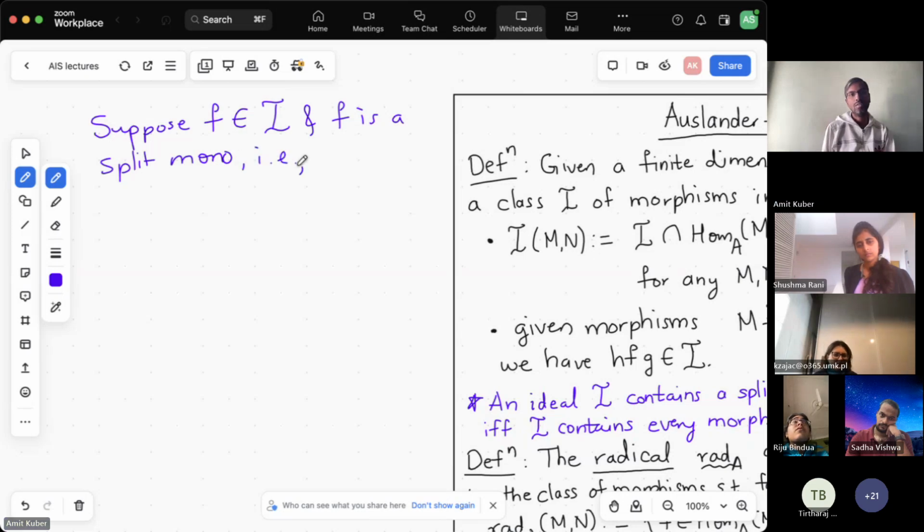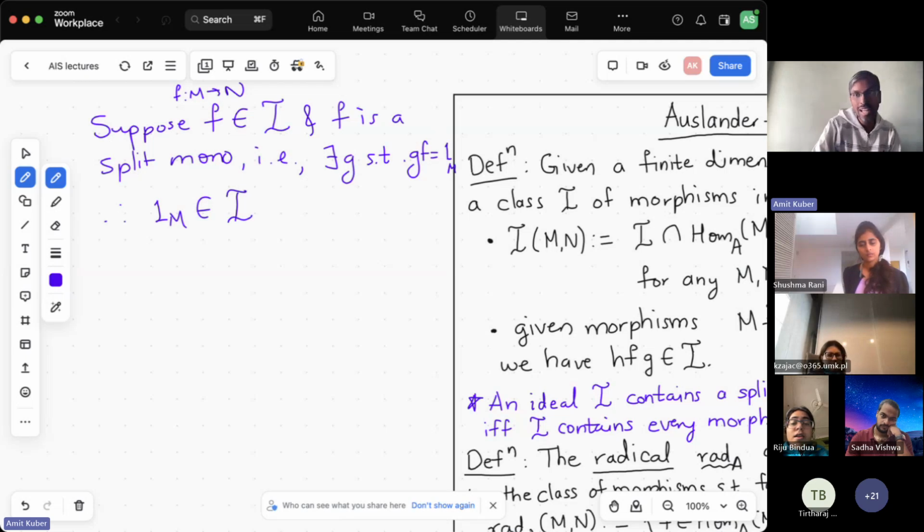I.e., there exists a G such that GF is equal to the identity on the source. Let me call it M; F is from M to N. Well, then what happened? Because of the right multiplication property and left multiplication property, 1_M belongs to the ideal.